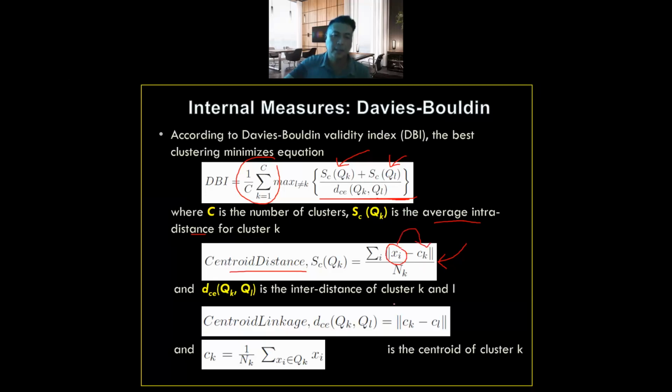How do you find the center? The center is here, which is you sum up all the values in the vector and divide by the number of members in that cluster. And the distance between two clusters can be measured by looking at the difference between the first cluster and the second cluster.